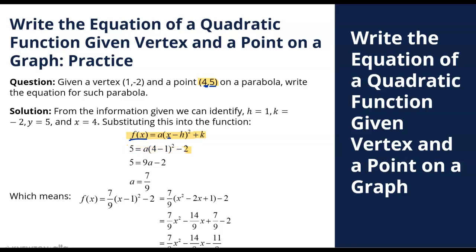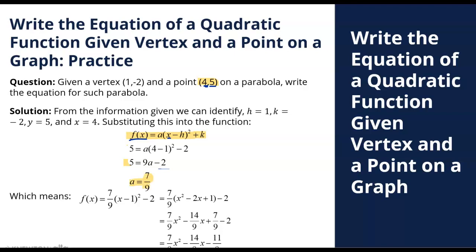We have 4 minus 1 is 3, and squaring that, we have 9. So we have 9a − 2 = 5. Then you transpose the -2 to the other side of the equation, and that leaves you with 7 = 9a. Solving for a, you get a = 7/9.